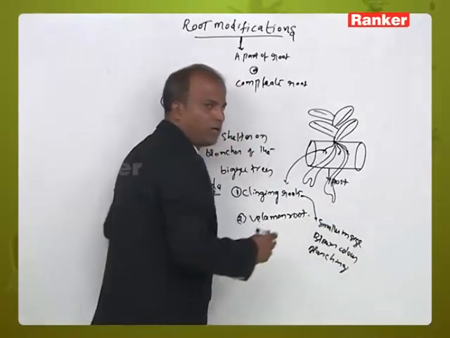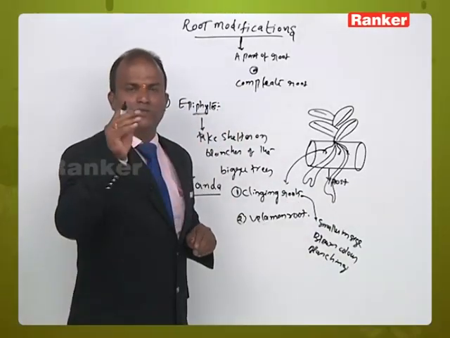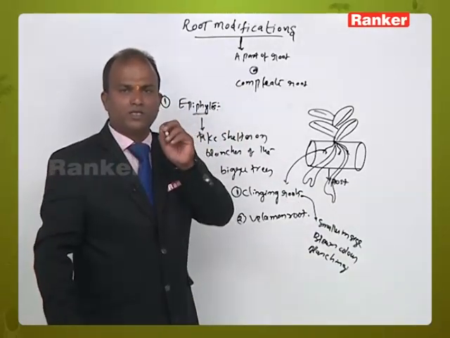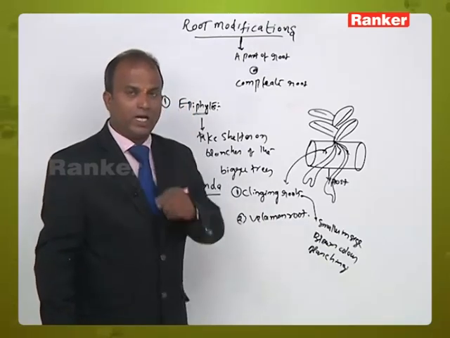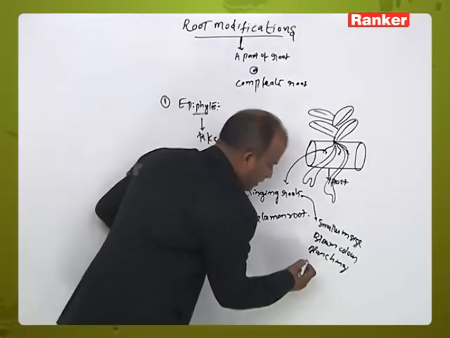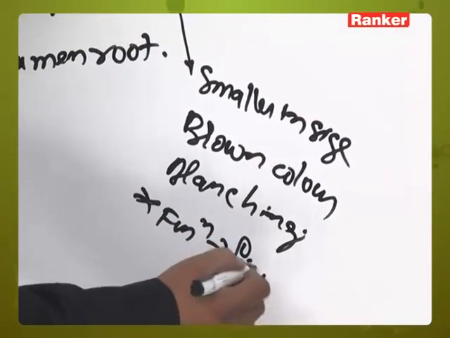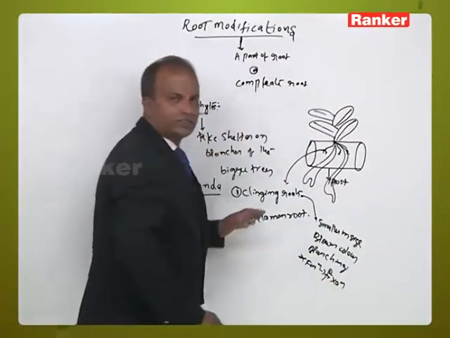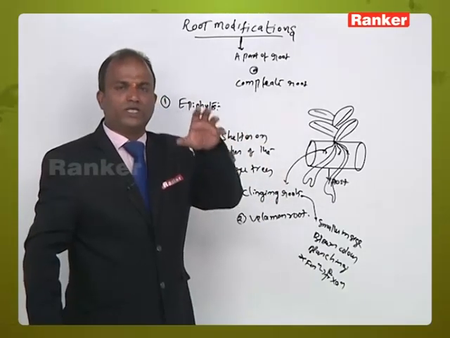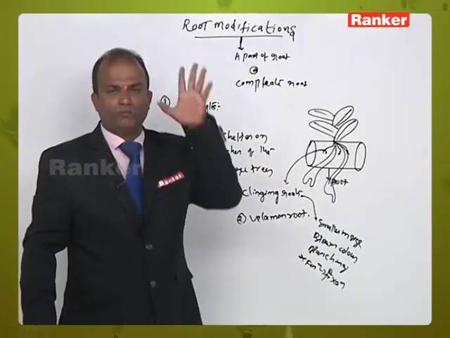What is the important function performed by these clinging roots? It helps in fixation. That means these clinging roots help in fixation on the branches of the bigger trees.